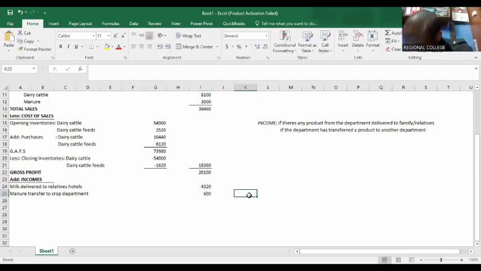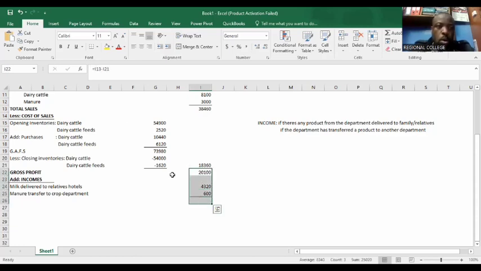Then number 3 is about the maize. So cattle bulls depreciation, income tax, I don't see them. So how much will be our total incomes from the gross profit? Our total incomes is that one. So at the moment, you can call this total incomes.